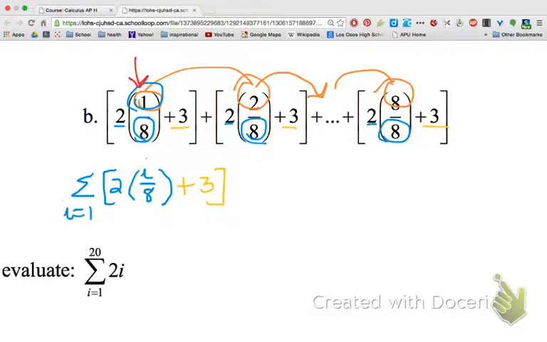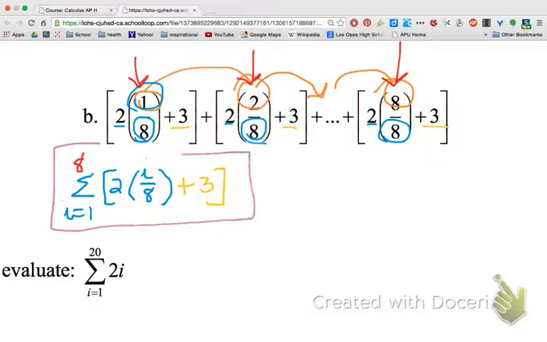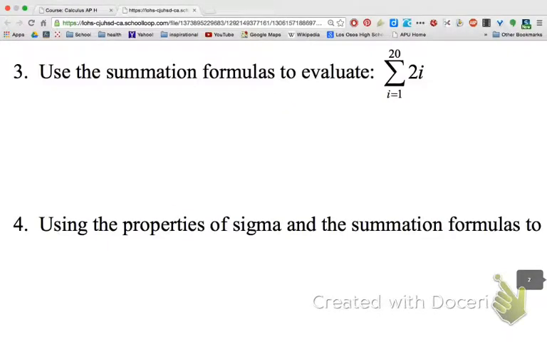And then of course I would substitute in a 2, oh yeah, that would work, and then a 3 and a 4, and all the way up until I substitute in an 8. And so there it is in sigma notation. They're not too bad. As you do these problems, consistently go back and look at those formulas. As a matter of fact, the more you write them out, the easier it will be to just magically memorize.